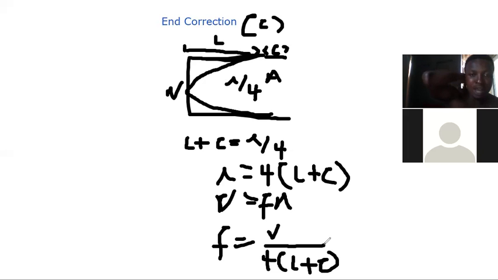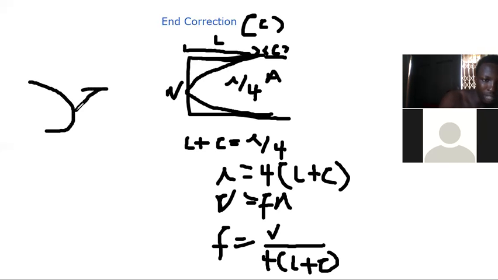Now, in the case when you have both sides open, like when you have something like this, the correction will be 2C. We will consider a certain C here and another C here, because both sides are open. So this will be C plus C, which gives us 2C.